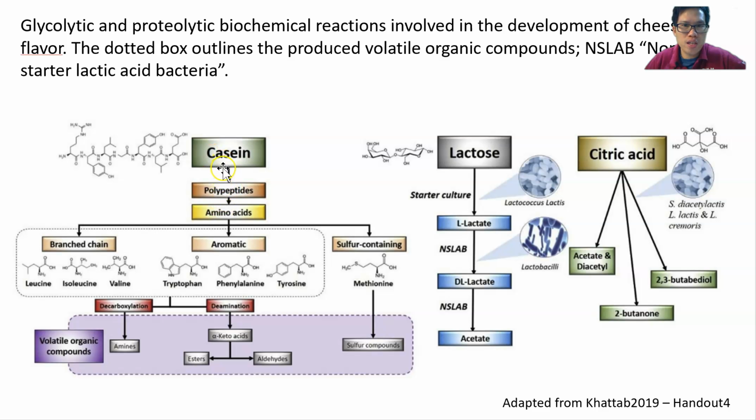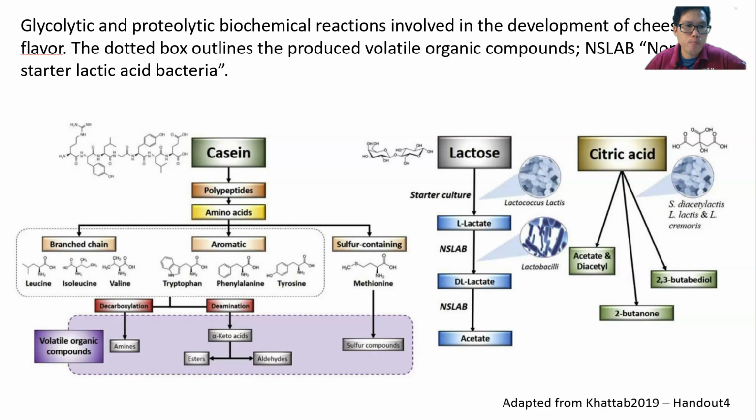So caseins are polypeptides. They can break down to amino acids, and there are a lot of different types of aromatic amino acids. Of course, they can break down further to produce a wide variety of volatile organic compounds.